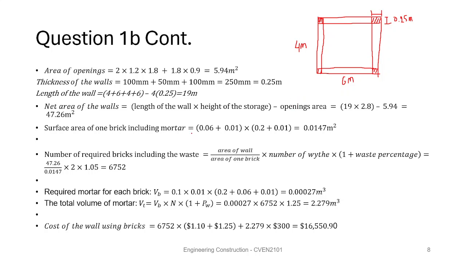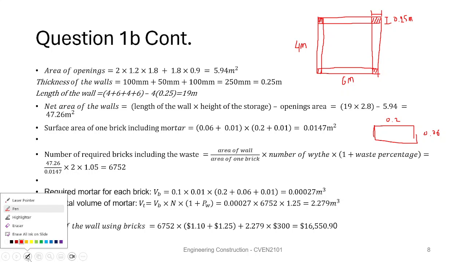Now we have to calculate the surface area of one brick, including the mortar. Say we have this brick over here. It is 0.2 long and 0.06 tall. We want to find the surface area of one brick, and that includes the mortar over here.